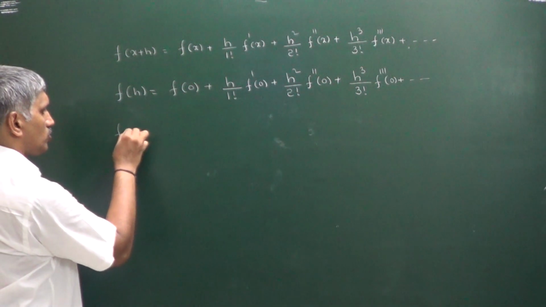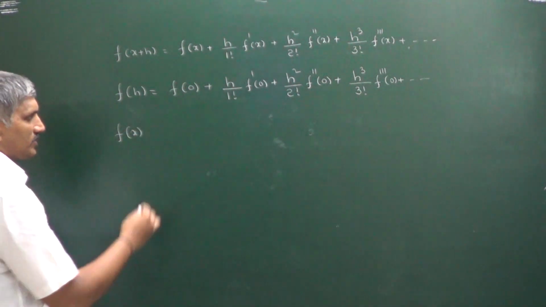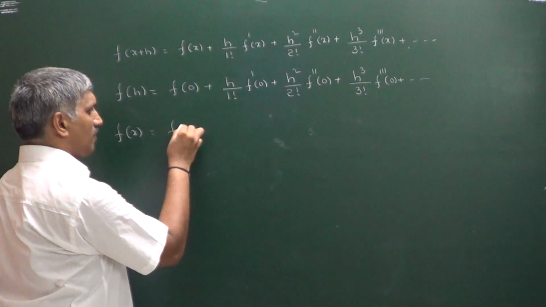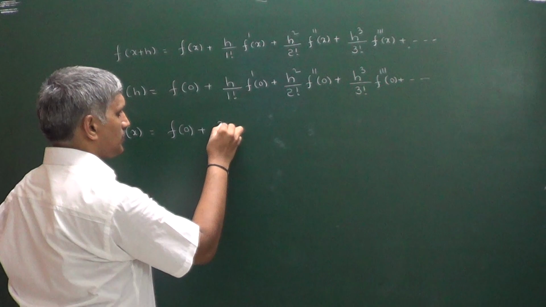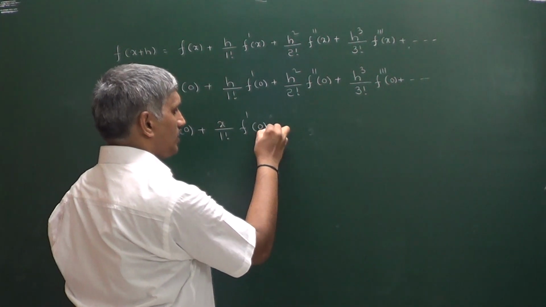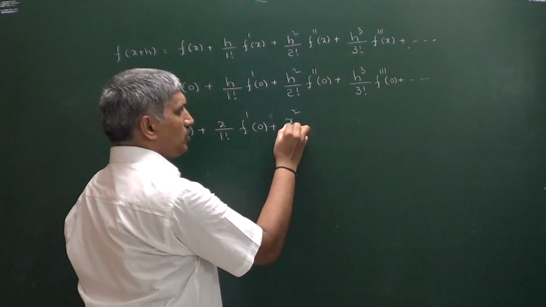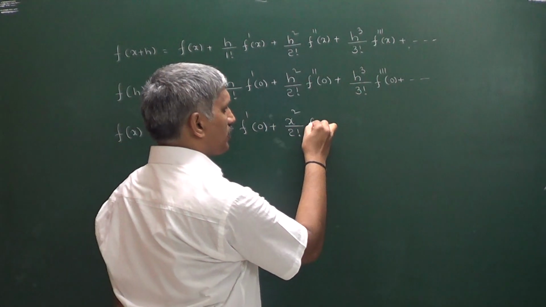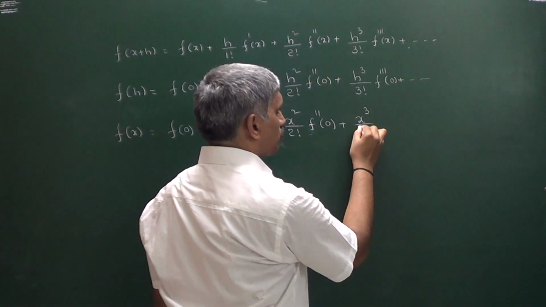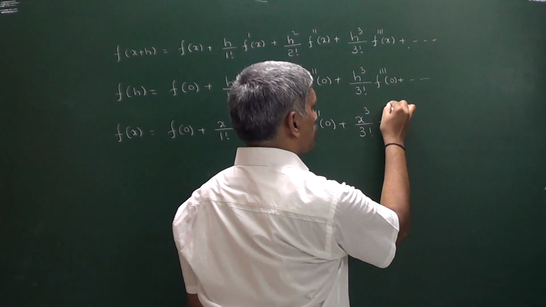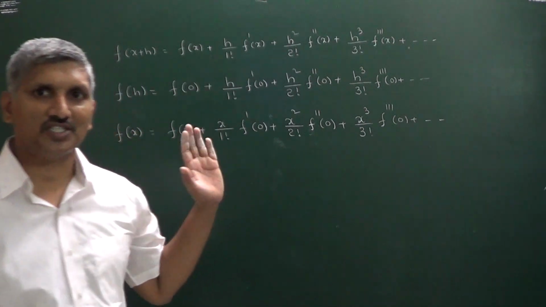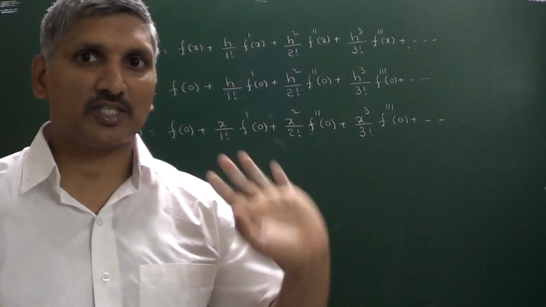Now put h is equal to x, then what happens? h is replaced with x. f of x is equal to f of 0 plus x by 1 factorial into f dash of 0 plus x square by 2 factorial into f double dash of 0 plus x cube by 3 factorial into f triple dash of 0 plus and so on.